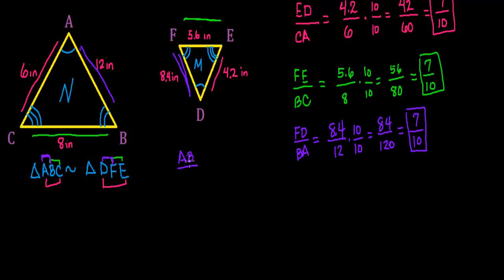But let me erase that, because the problem said that I had to go from figure M to figure N, so I have to start here. So FD corresponds with side AB, okay? Which is the same thing I had found here. And then if I want to see what side corresponds with this one here, this side shares side ED.